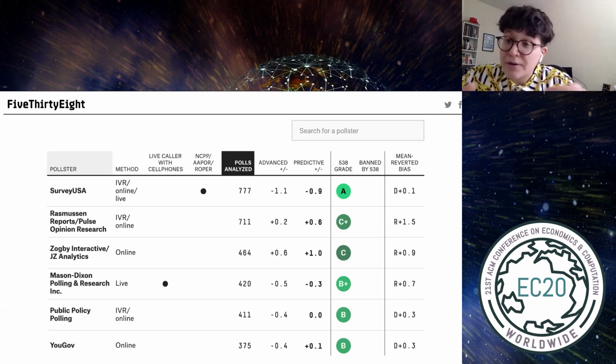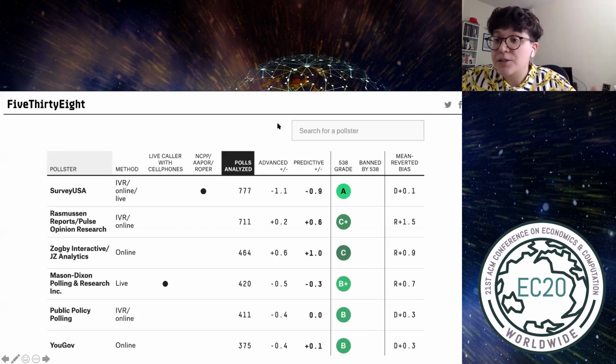Now, the way this aggregate happens is that each of the pollsters has a weight attached to their name. And this weight is something like a reputation token. It's the accuracy grade that 538 has given to this forecaster, which is also shown publicly in 538's website when they explain how their aggregate is produced.